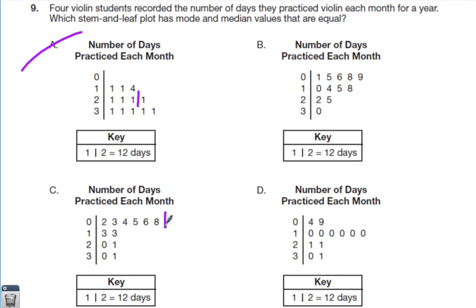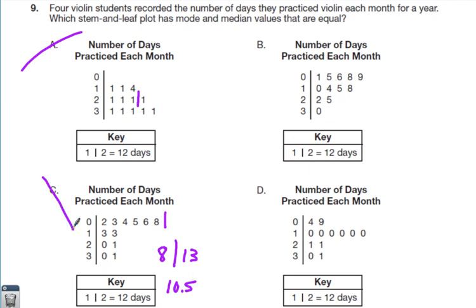So it's going to be between 8 and 13. So what comes between 8 and 13? Phew. This is not going to be it. I'm thinking the median is 10.5, but there's no way that the mode is also 10.5. So it's not C.